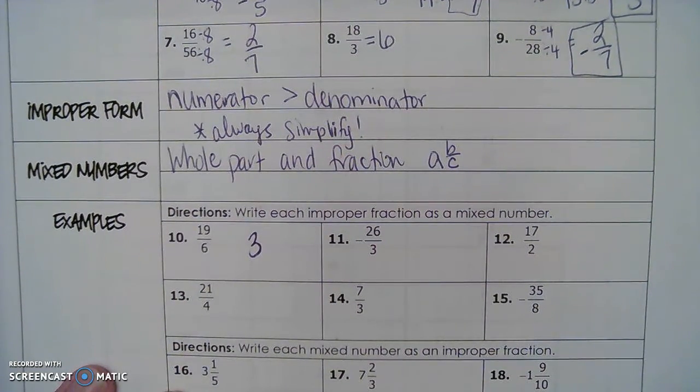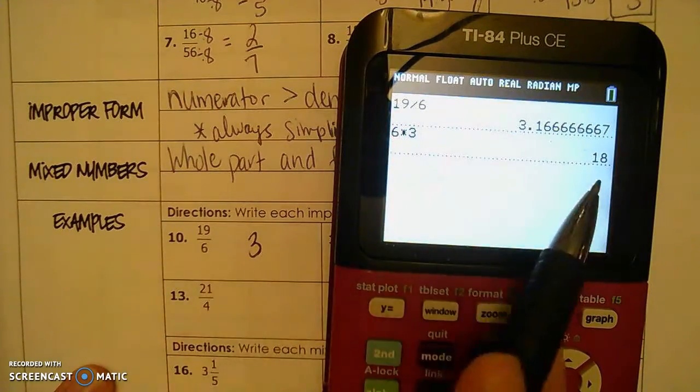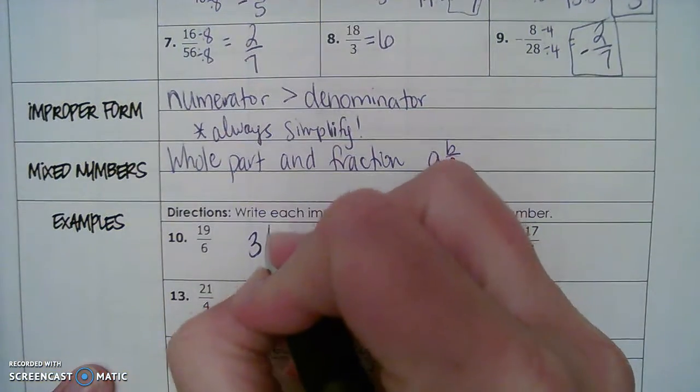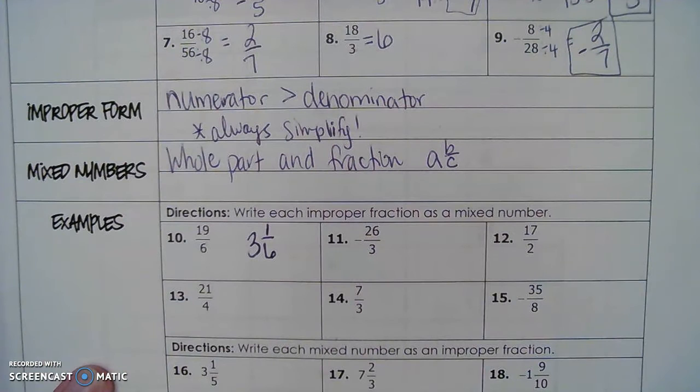That's our whole number. So then you do 6 times 3 to get 18. So we've used 18 out of 19, so that means there's 1 left. So 3 1/6 is what our final answer would be for writing that as a mixed number.